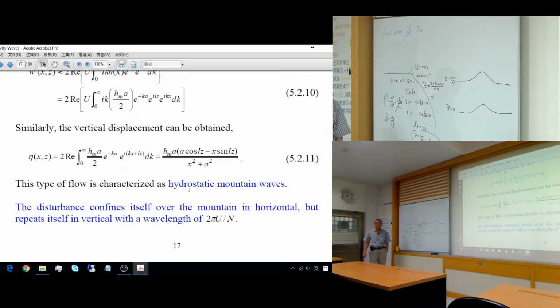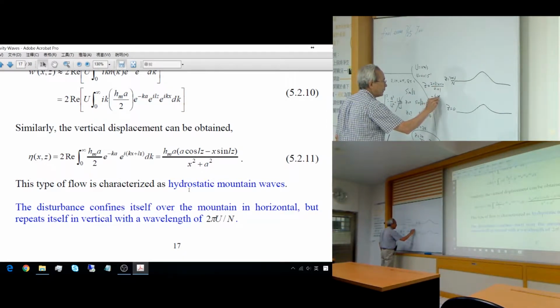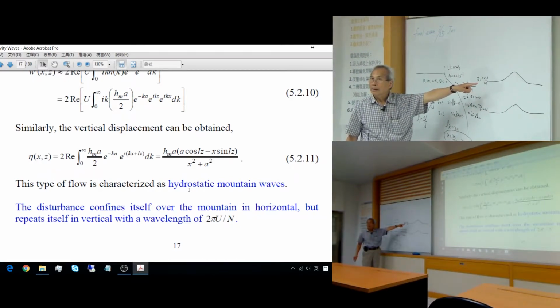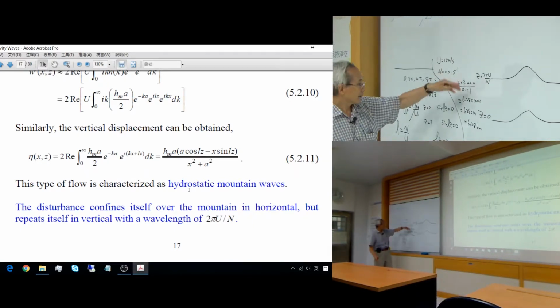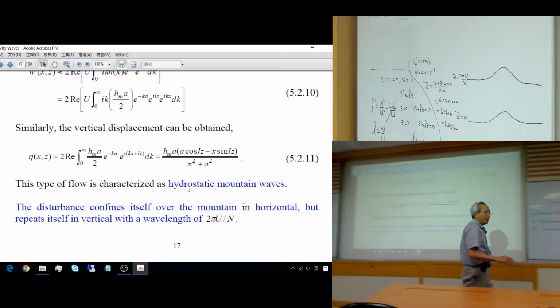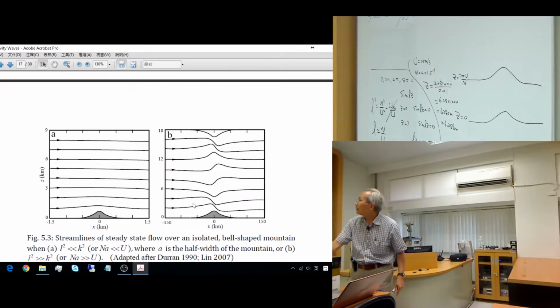Roughly speaking, that's 6.28 times 1,000, so that's 6,280 meters, 6.28 kilometers. At this height it's going to repeat the mountain shape, the disturbance. And then at another 6.28 it will repeat. That's why you see this repeating here.